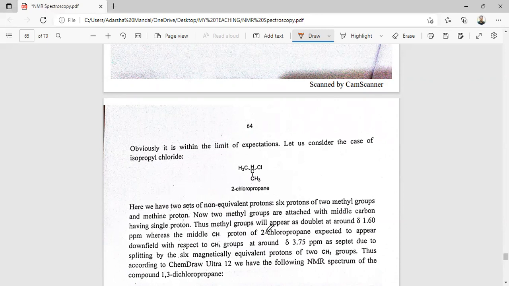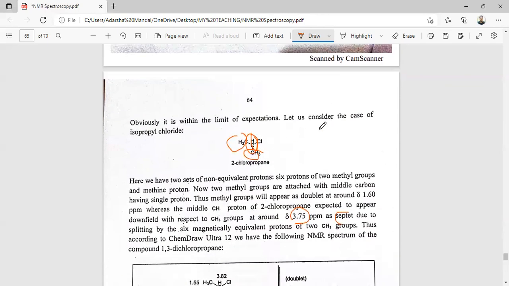Thus the methyl groups will appear as a doublet due to the CH proton at around 1.60, whereas the middle CH is expected to appear downfield with respect to CH3 at 3.7 ppm, split as a septet due to the 6 equivalent protons. So this CH proton is downfield compared to the 2 methyls and is split as a septet, and the CH3 protons are split as a doublet.